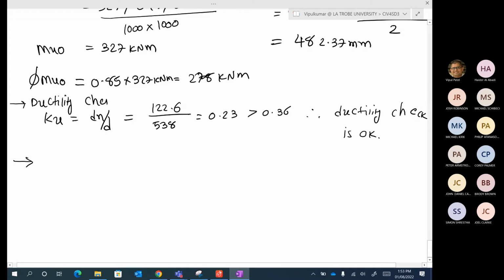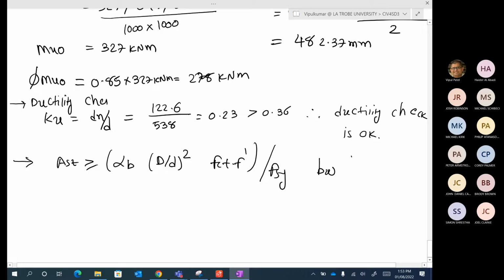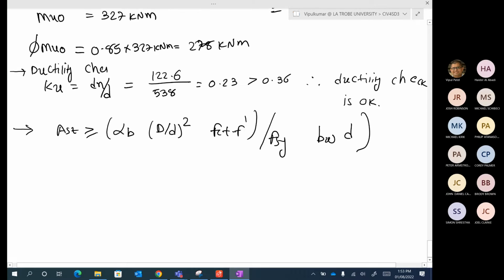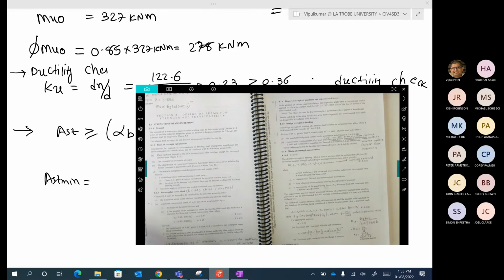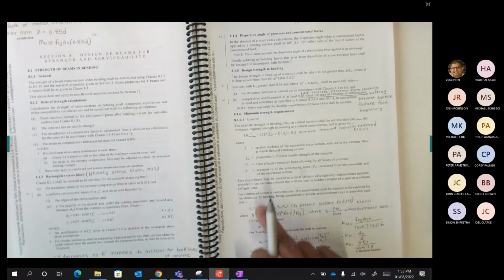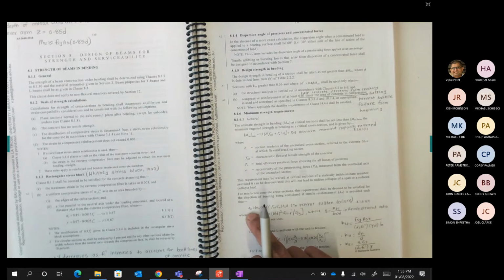The standard says you must put the minimum reinforcement, regardless of your design. So Ast minimum, I think, by the way, comes from clause 8.1.6.